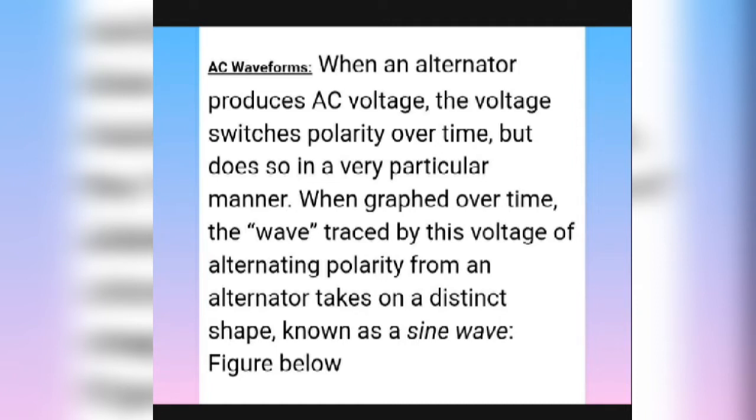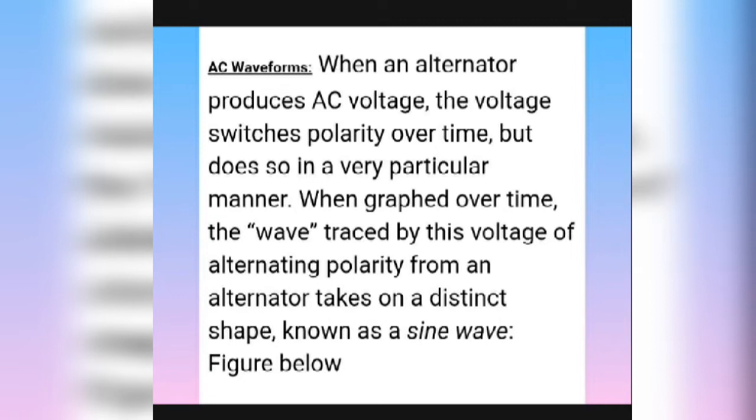AC waveforms. This is a kind of AC current and AC voltage. When an alternator produces AC voltage, the voltage switches polarity over time, but does so in a very particular manner when graphed over time.